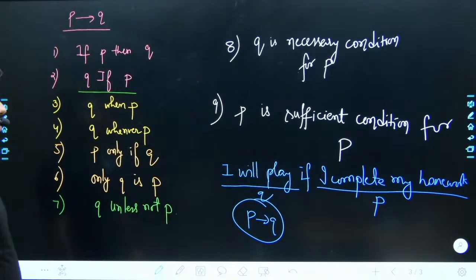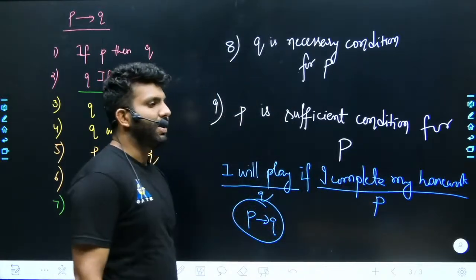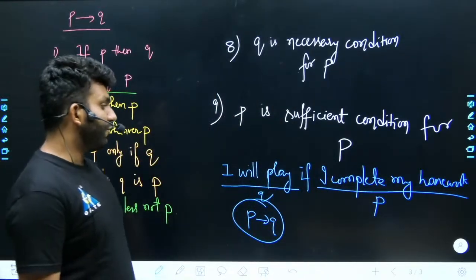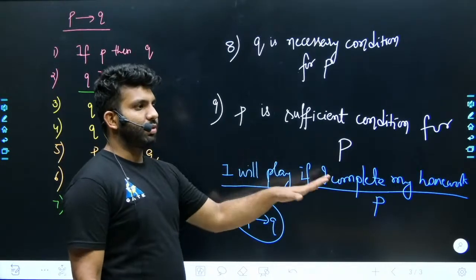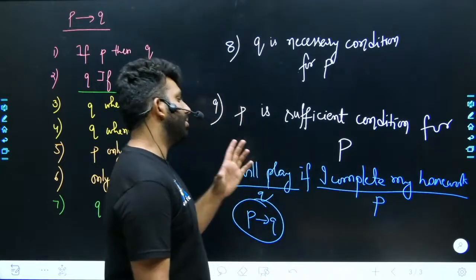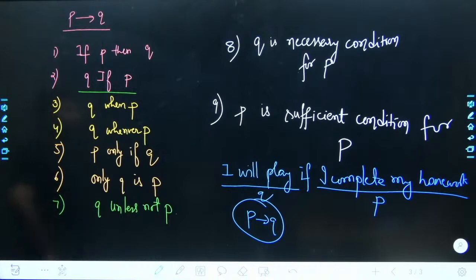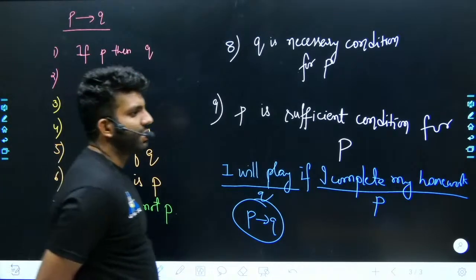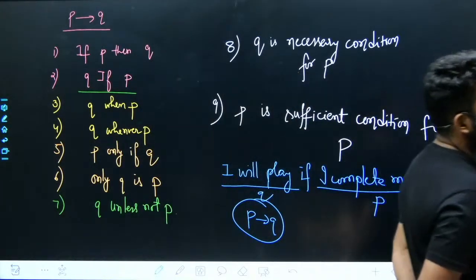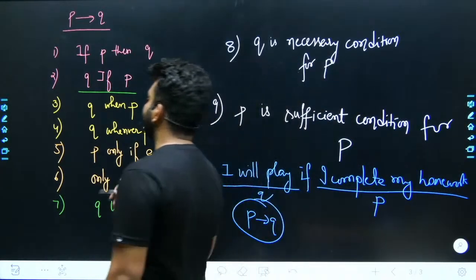That means if I have done my homework, then it is sure that I will play. But if I am playing, it's not sure whether the homework is done or not. But it is sure that if the homework is done, I will play. This must be clear.